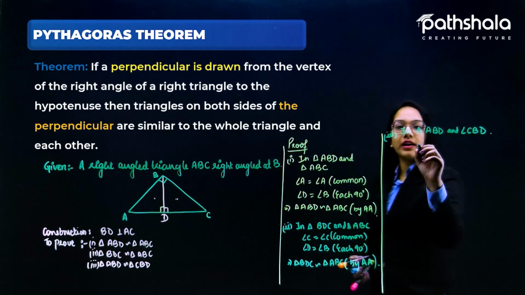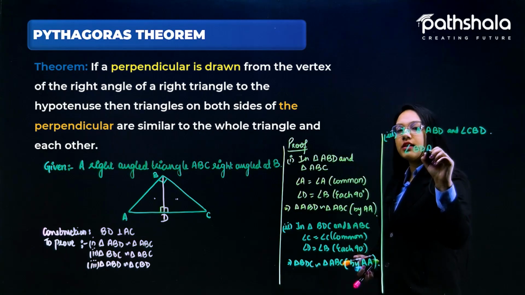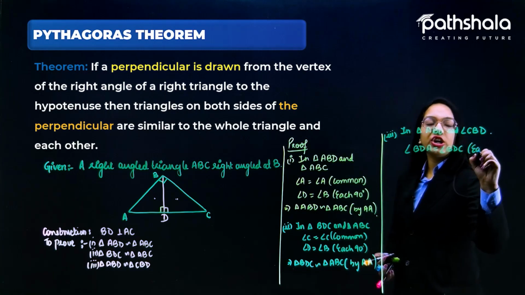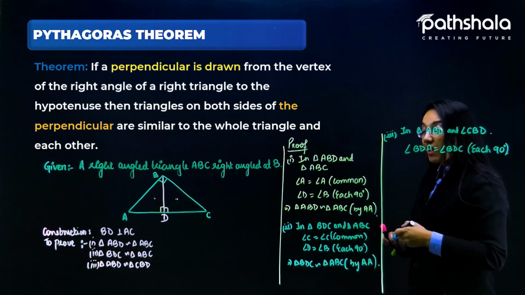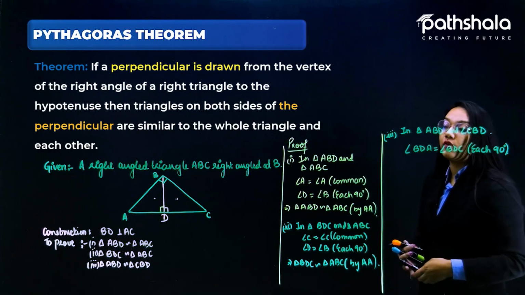So we can say angle BDA is equal to the angle BDC. Each is 90 degree. So this is my first statement, that each angle over here is 90 degree.